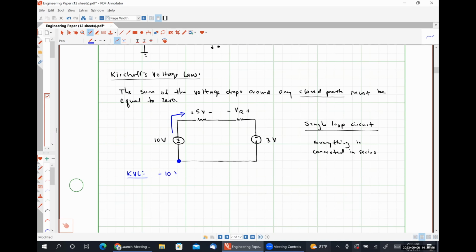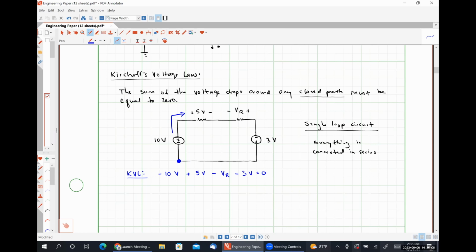Negative 10 volts because we see the negative sign first, plus 5 volts because when we're looking at the 5-volt drop, we see the positive polarity terminal first, minus VR because we saw the negative first, minus 3 volts because we saw the negative first, is equal to 0.